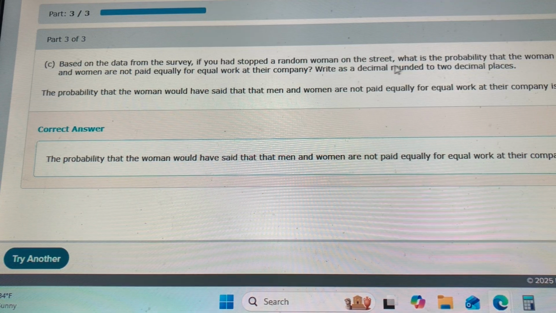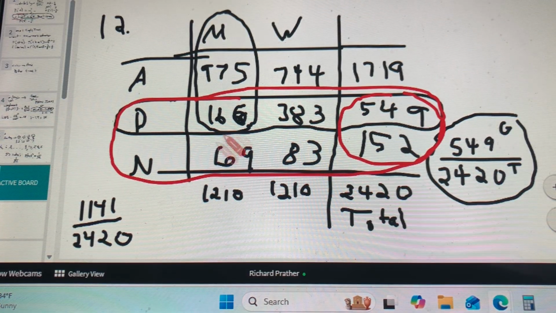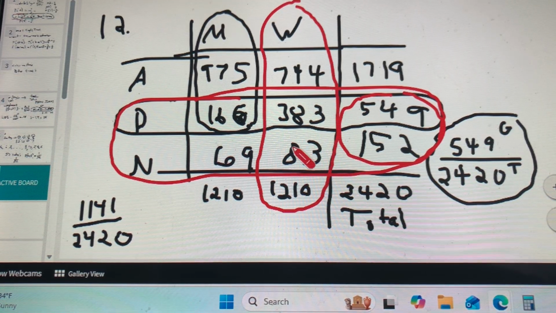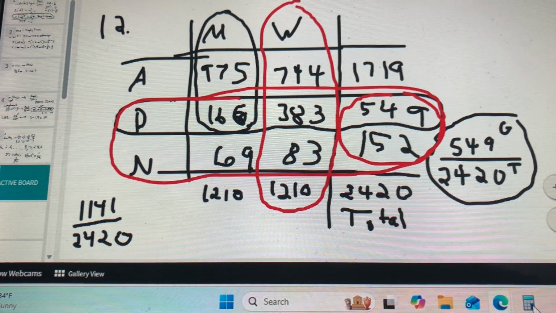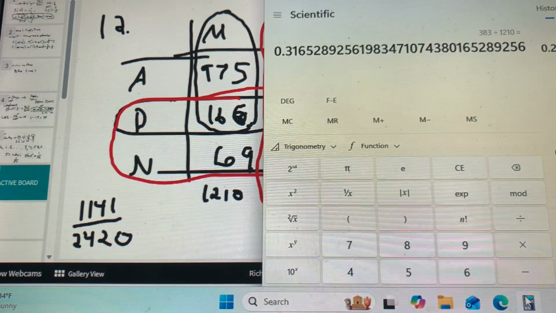If you stopped a random woman on the street. Okay, maybe it's about the woman. So what if you only had a woman? So that's what I'm doing wrong, is they only want the woman. You want a woman who disagreed. Although that would be too low too. So let's try 383 divided by 1210 maybe. Yeah, that's it.